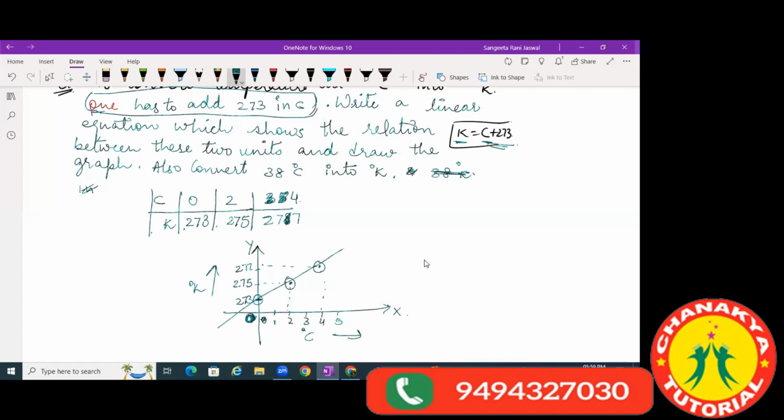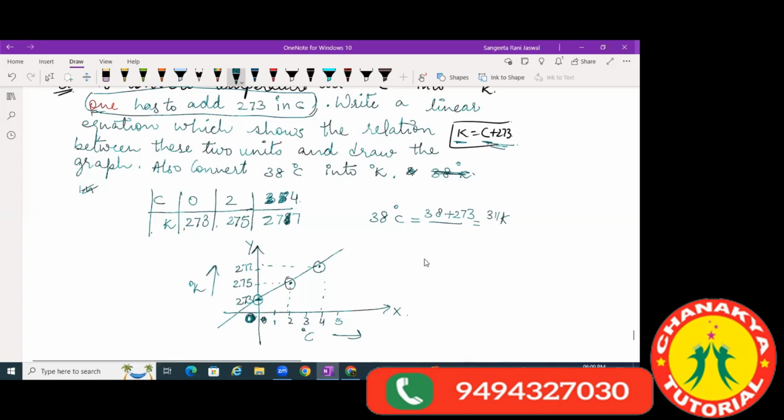So this was your plot. The next thing that is asked here is: convert 38 degrees Celsius to degree Kelvin. How will you convert Celsius to Kelvin? 38 plus 273, which is equal to 311.